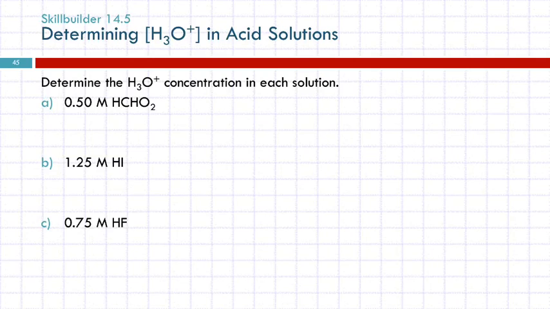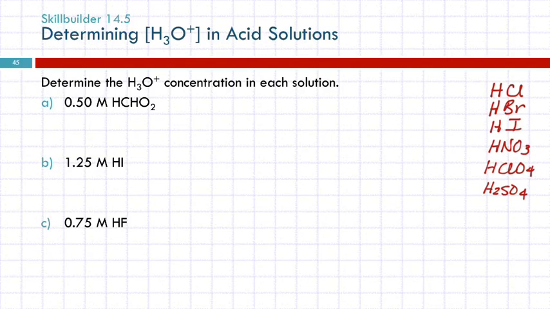Well, we probably don't have those strong acids memorized, but they are HCl and HBr and HI, all of fluorine's sisters. And then there's nitric and perchloric and sulfuric. And I really don't expect you to remember those.